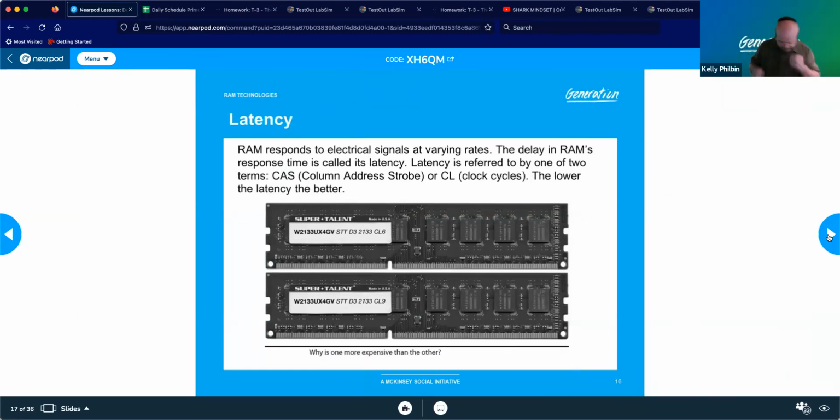So we know about the PC speed rating now, which the higher that number is, the better off we're doing. So now we need to talk about latency, which is just a fancy word for delay. Anybody ever been watching the news and you get the on the ground reporter and they ask the reporter a question and it seems like it takes them like a minute to process what has just been said before they start talking?